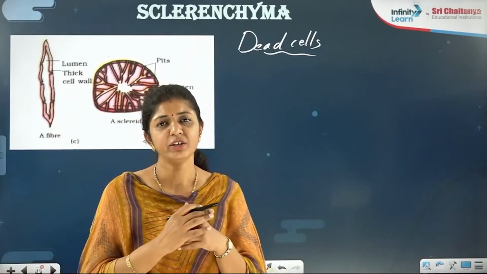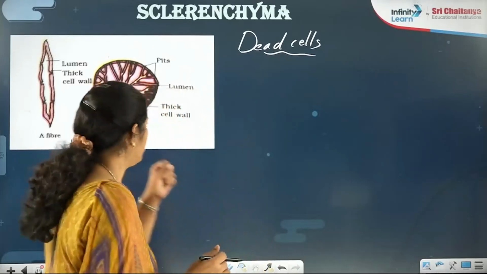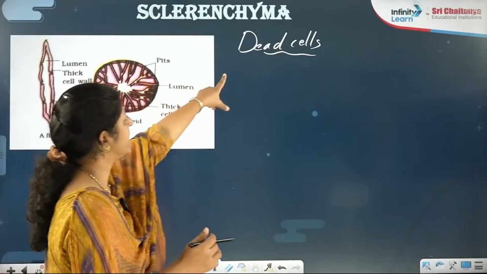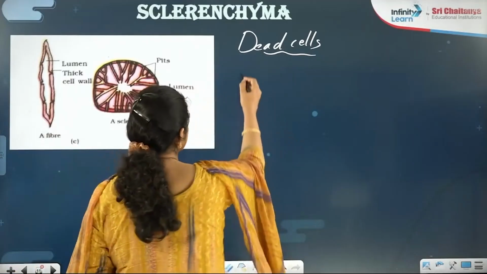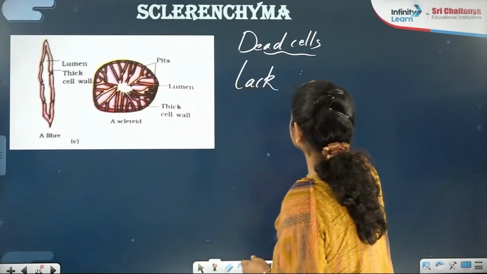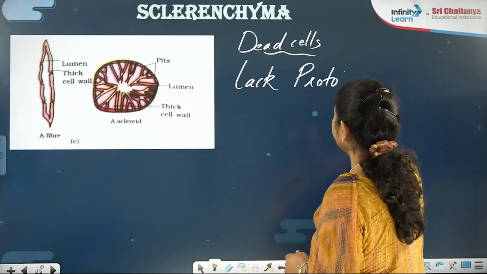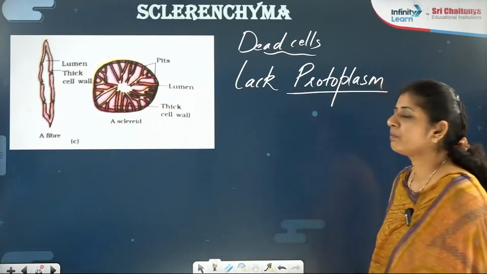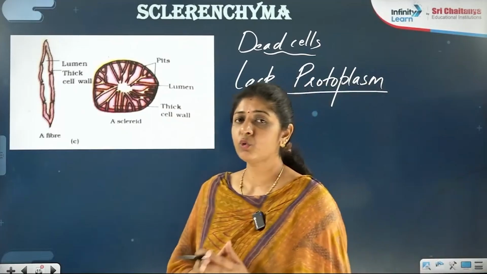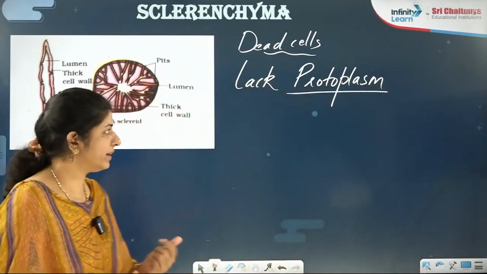They are getting dissociated, right? So that's why you call it as which tissues? Dead tissues. They lack protoplasm. Material inside the cell which is living, you call it as protoplasm. They lack it, they don't have, that's why you call it as dead, right?